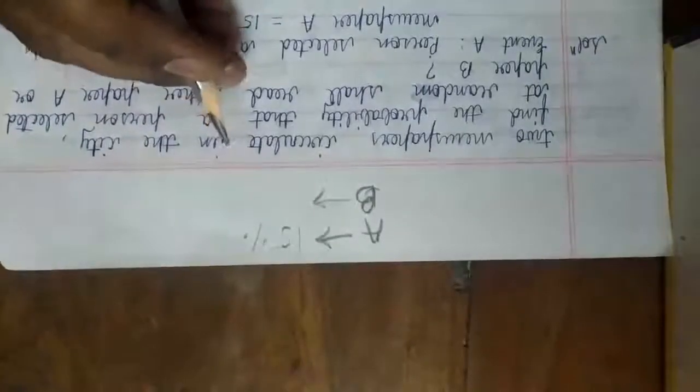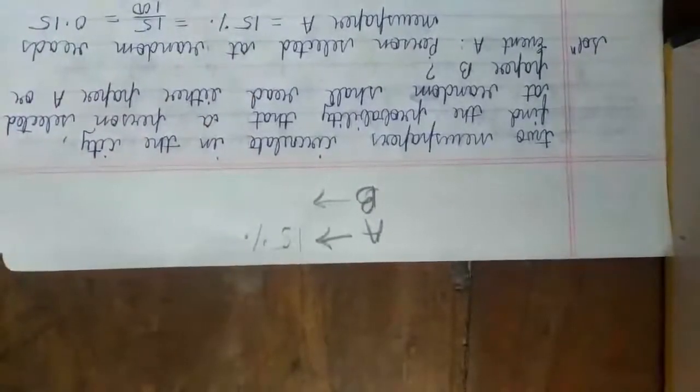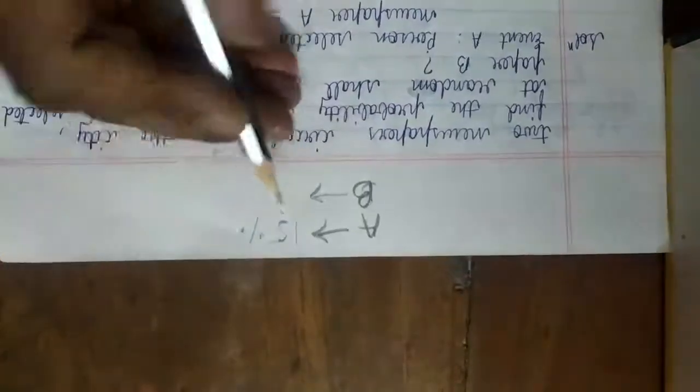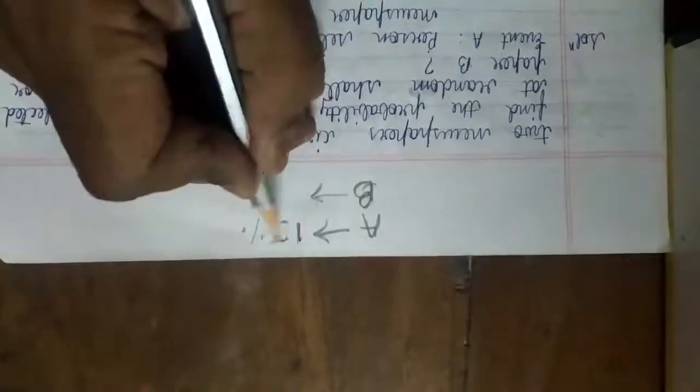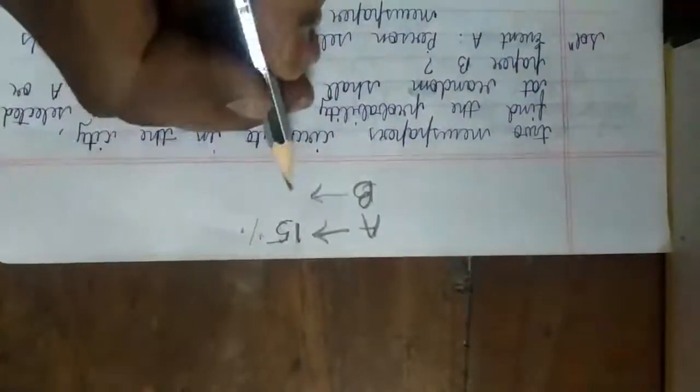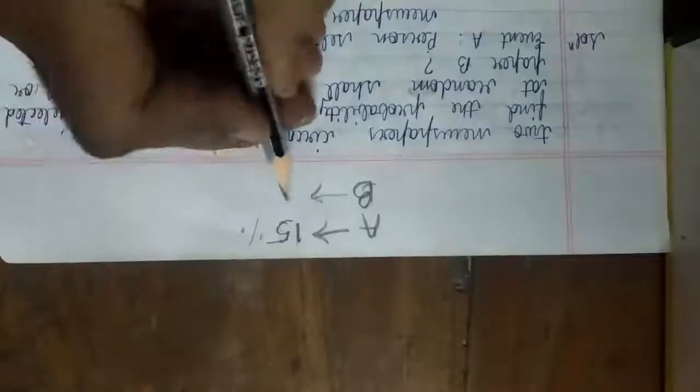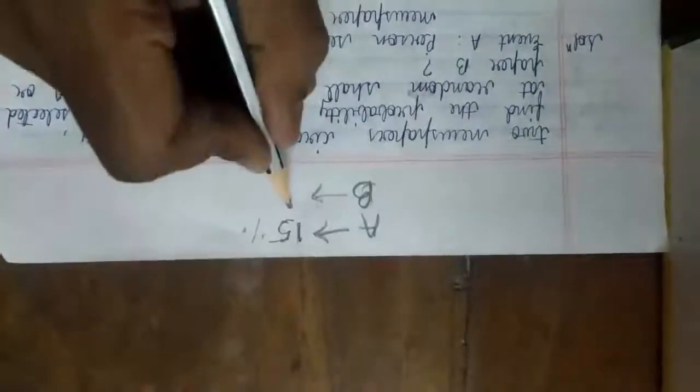The total number of people who read newspaper B is 13%.